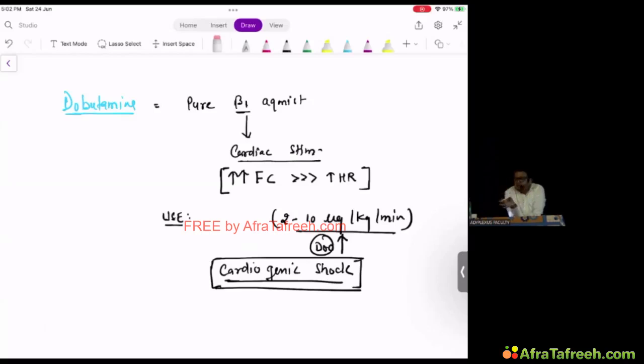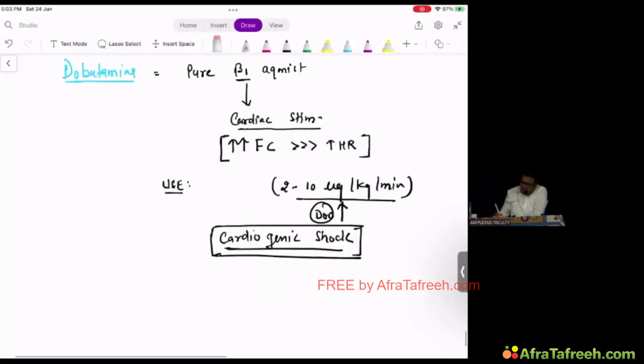That is why there is shock. So we want to stimulate the heart. Which receptor is present on the heart? So we want a drug that acts only on the heart. Does this patient have any problem with blood vessels? We don't want to unnecessarily affect blood vessels. So which is the drug of choice for cardiogenic shock? Dobutamine. What is the dose? Same, 2 to 10 around.